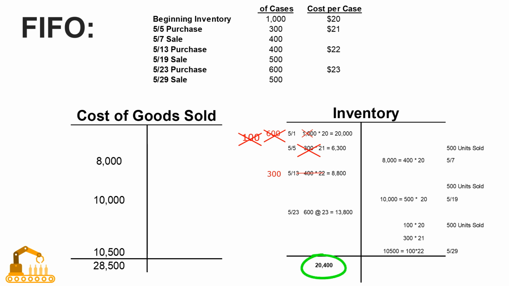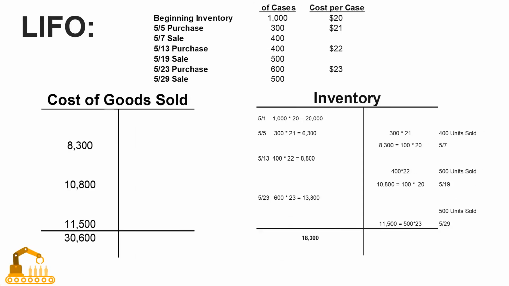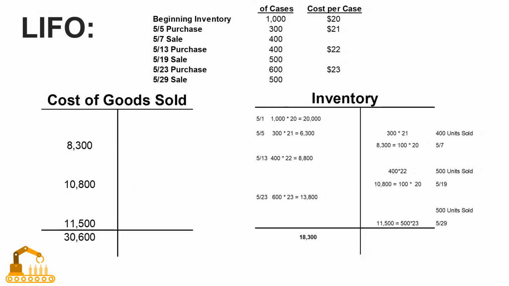I have 300 of these units purchased on March 13th left over at $22, and 600 units at $23 left over, and adding that all up, I come to the same conclusion of $20,400. In terms of total cost of goods sold, I'll just add all the debits to cost of goods sold and get $28,500.